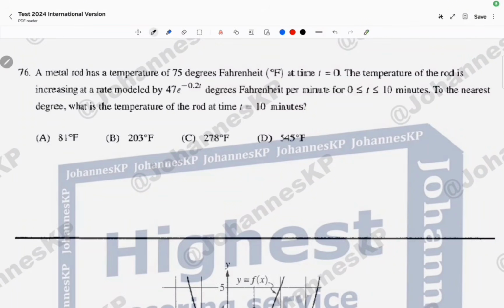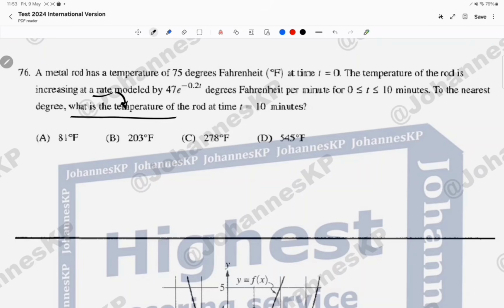A metal rod has a temperature of 75 degrees Celsius. The temperature of the rod is increasing at a rate. Okay. Increasing at what? At a rate. They want the temperature. So to go from rate to temperature, you have to do what?